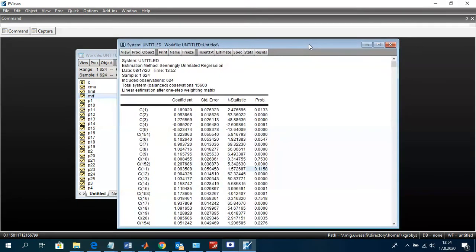So what we want to implement now is a multiple equation test. We want to test these, C1, 6, 11, 16, until 121, simultaneously. So how do we implement this GRS test?